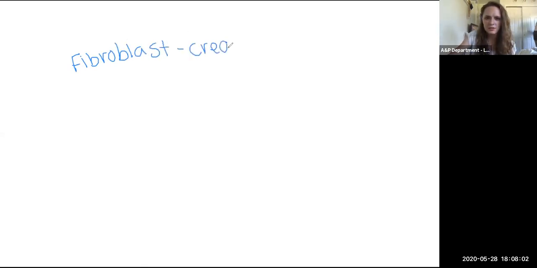Fibroblasts. Fibroblasts create. So blast means create. So fibroblasts, they create your matrix. And then fibrocytes maintain.